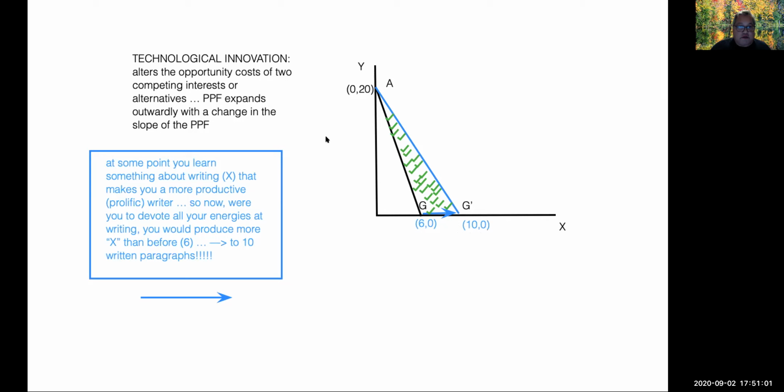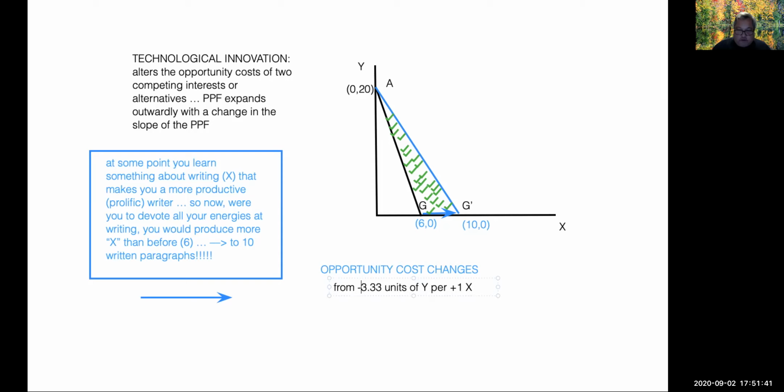So the opportunity costs change from 3.33 math problems per 1 x.